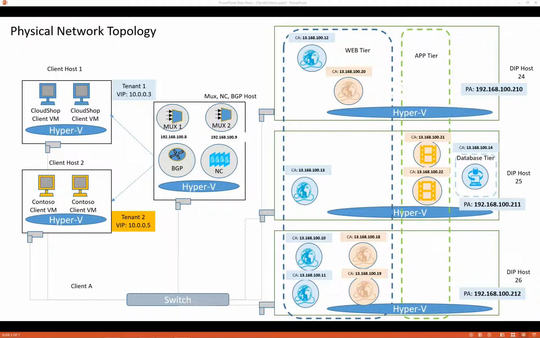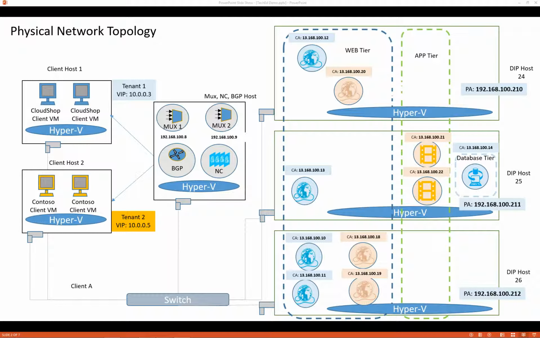On the left-hand side, we see that there are two CloudShop tenant VMs as well as two Contoso client VMs. Each of these access their respective services through a VIP, which is advertised by the BGP router. A software load balancer then takes these connections and distributes them across the front-end IIS web servers in the first tier of the application.